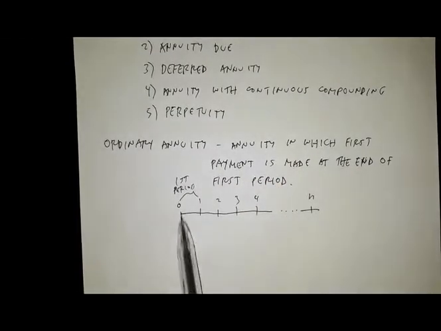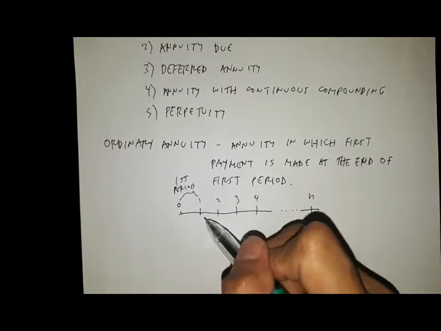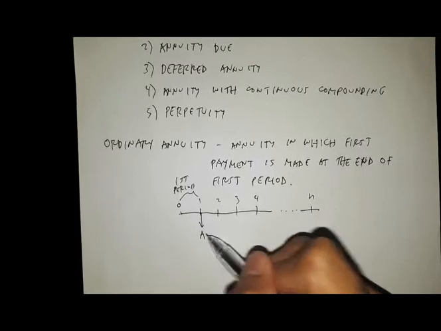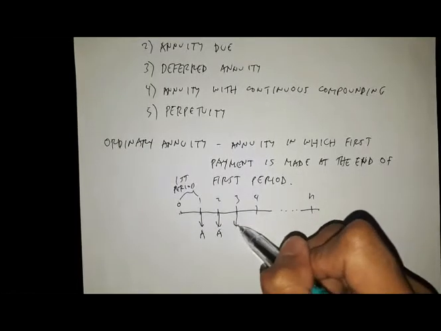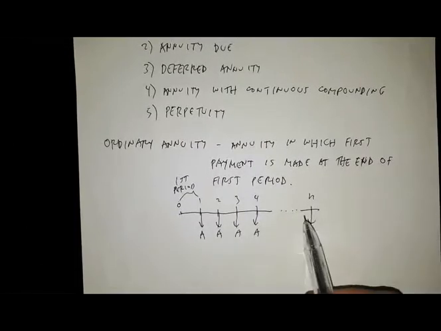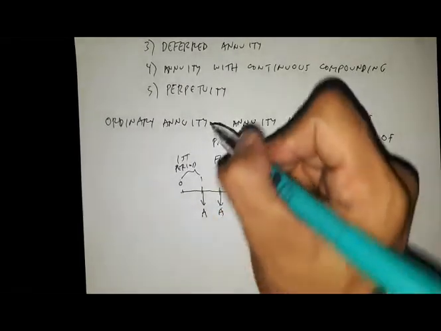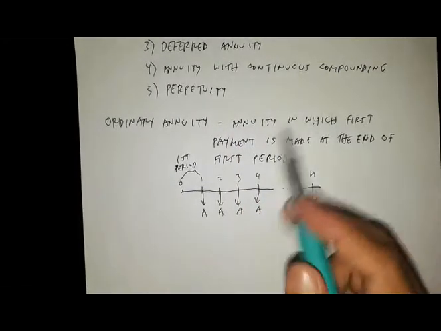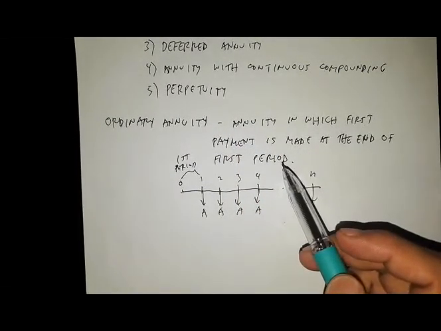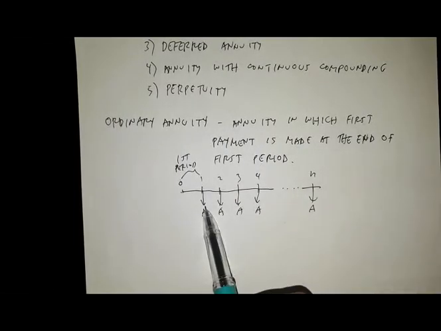This is the beginning and this is the end of the first period. So in ordinary annuity, your first payment starts here. That makes ordinary annuity unique to other annuities. The first payment is made at the end of the first period.